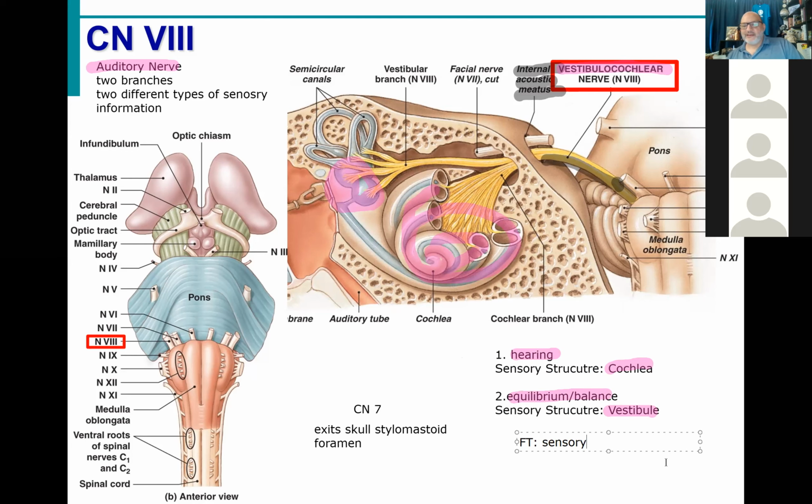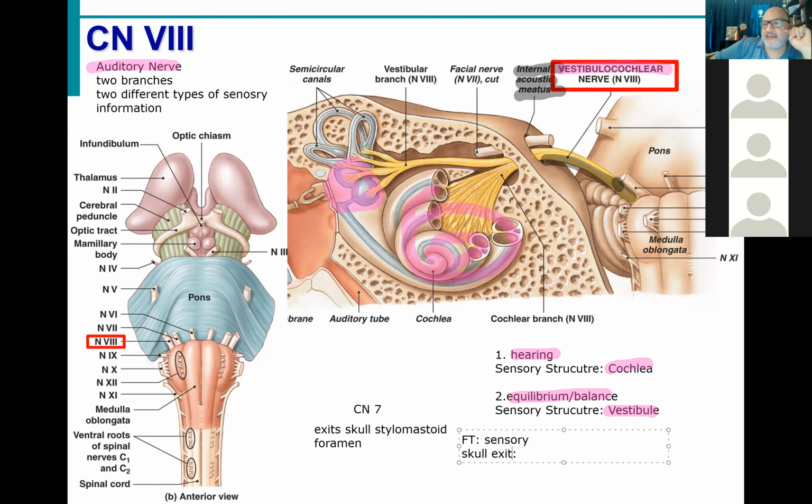And the only trick is technically, does cranial nerve 8 leave the skull? Yes. Well, technically it doesn't leave the skull because it goes into the temporal bone, but it does leave the cranial cavity. So you're right. Yes, it leaves the cranial cavity.